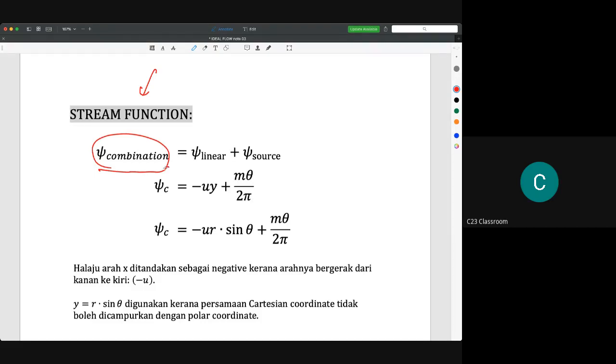So how to get our Psi combination? Okay, back to the definition. Psi here is actually equal to flow rate. Okay, as I said previously, flow rate is a scalar, so the direction of flow rate is not counted. Means you may add all the values of psi of stream function to get this combination stream function.